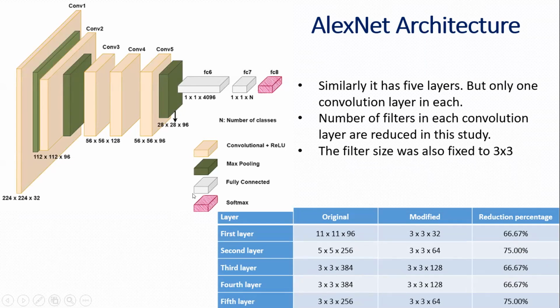Additionally, in the original model of AlexNet, we have different filter sizes, like 11 by 11 in the first layer and 5 by 5 in the second layer. In our proposed model, we have used only 3 by 3 throughout to be consistent, especially because in the first 2 models, we also used 3 by 3 throughout.